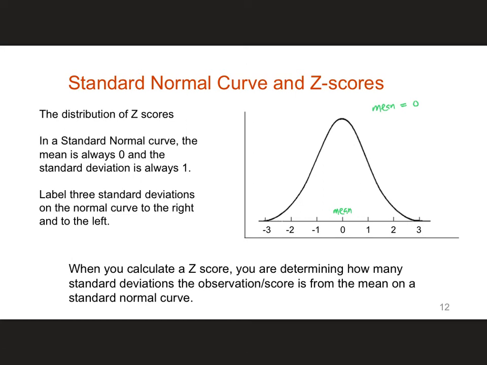We have 1, 2, and 3 that is moving to our right. So in this case, the standard deviation is 1. So we give a special name to a normal distribution with a mean of 0 and a standard deviation of 1, and that is called the standard normal curve.